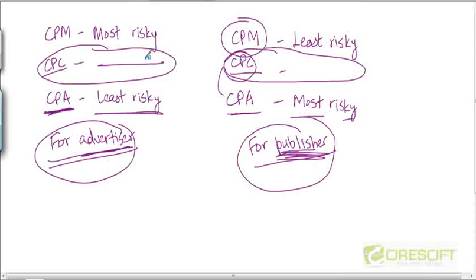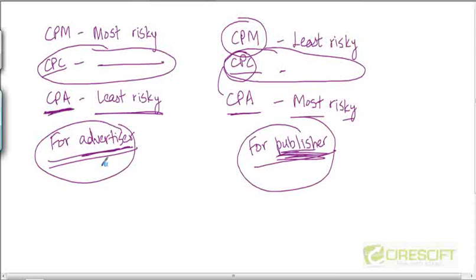Similarly, the risk that the advertiser is taking is that people who actually click on the ad may not end up buying anything, and still the advertiser will have to pay. But again, minimizing this risk is in the hands of the advertiser, because the people coming to the advertiser's website by clicking on the ad are known to have expressed some kind of interest in the product, or at least in that website.